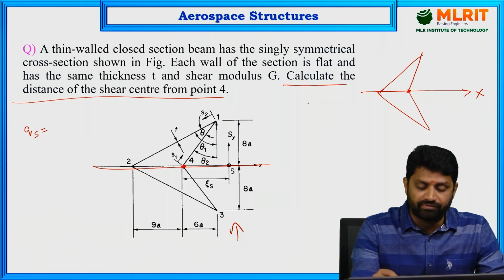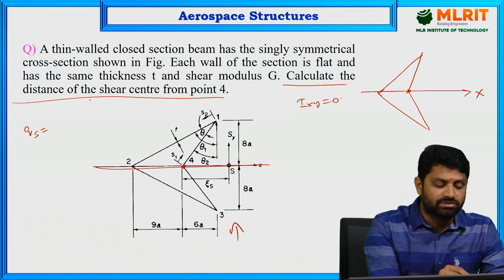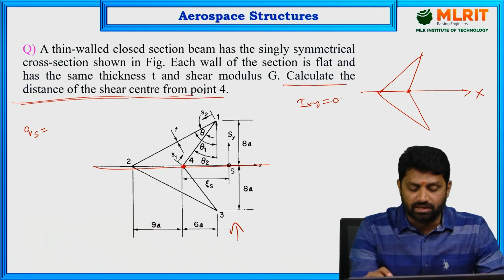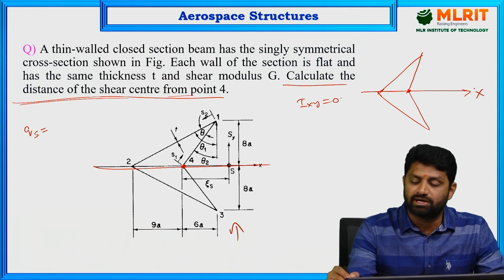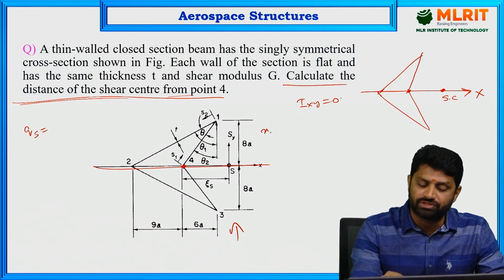Since the given section is symmetrical about the horizontal axis, we'll substitute Ixy equals 0, and the shear center lies anywhere on this horizontal axis. So you need to calculate only the horizontal position of the shear center.